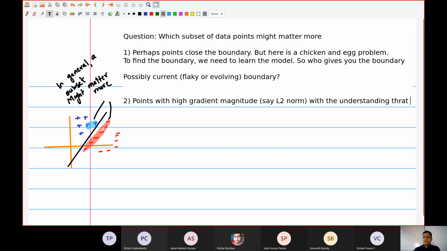So with the understanding that gradient norm is the uncertainty. Why do you say that?